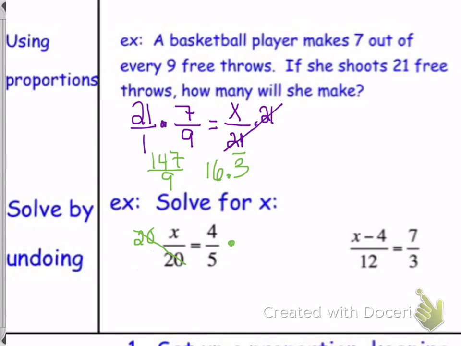What you do to one side, remember, you need to do to the other. So again, I'm going to take that 4 times 20 and get 80. And then I'm going to divide that by 5. And my answer is 16.